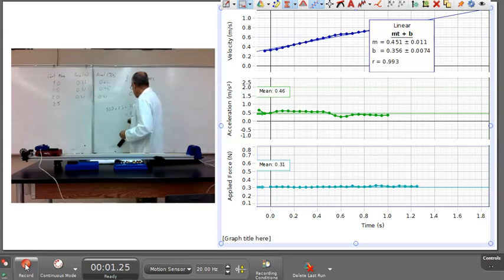Okay, so 875 minus 350 is 525 grams. There we go. That's not right. 8 minus 3. Oh, yes, that is 525 grams.